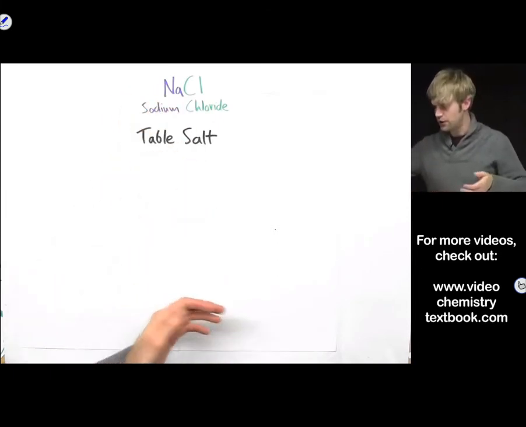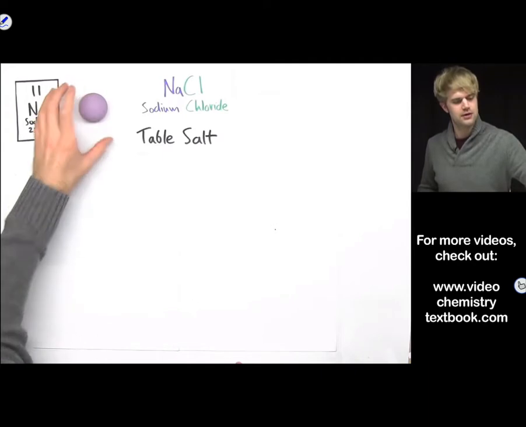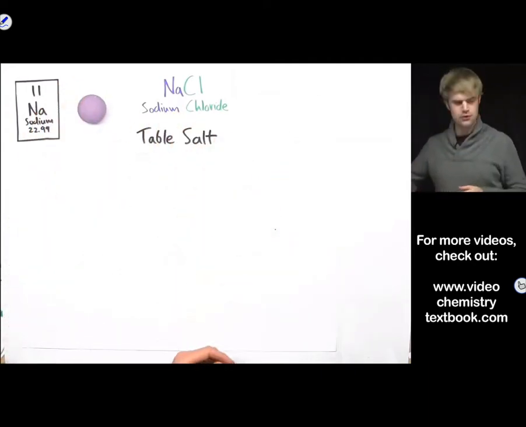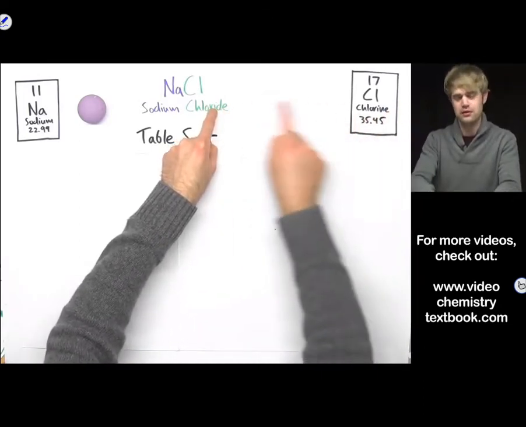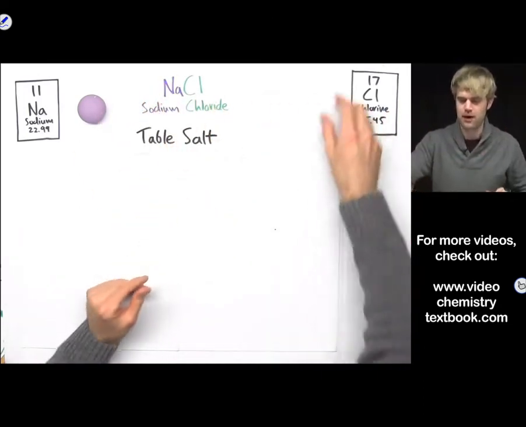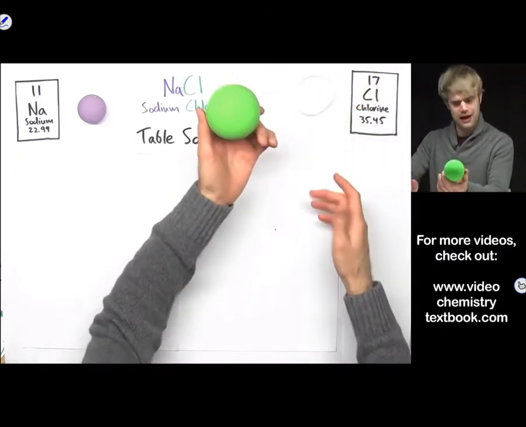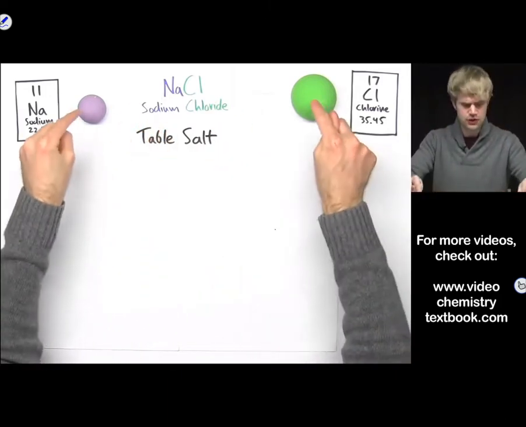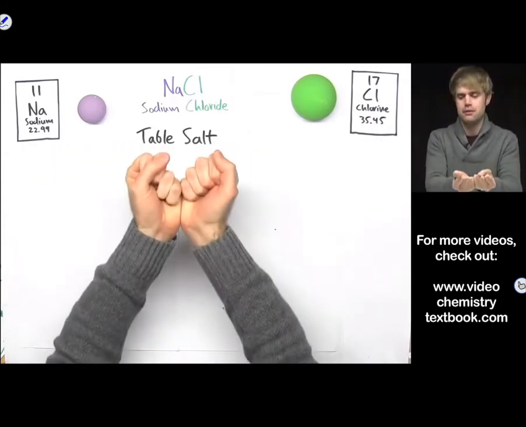We got sodium. Here's its symbol from the periodic table, and here is a sodium atom right here. And sodium chloride is also made of chlorine or chloride. I'll tell you what the difference between those is in a minute, but you don't have to worry about it right now. And here's a chlorine atom. Now, sodium chloride happens when these two atoms come together, when they're glued together by ionic bonds.